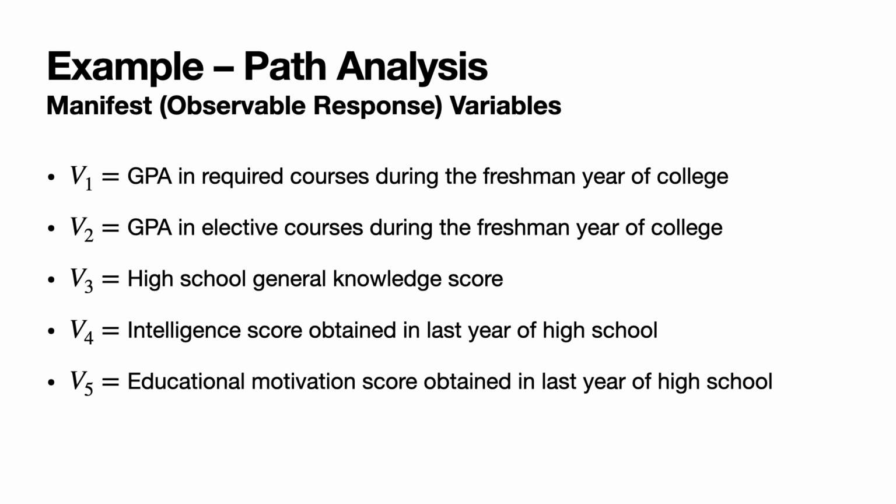V2 is the GPA in elective courses during the freshman year of college. V3 represents a high school general knowledge score. V4 represents the intelligence score obtained in the last year of high school. And V5 represents the educational motivation score also obtained in the last year of high school.